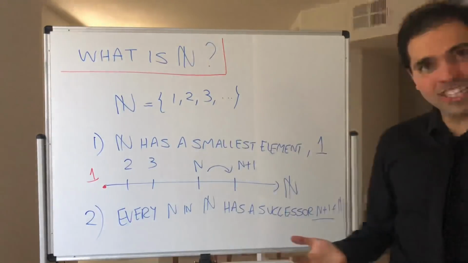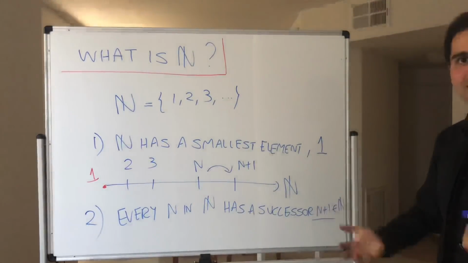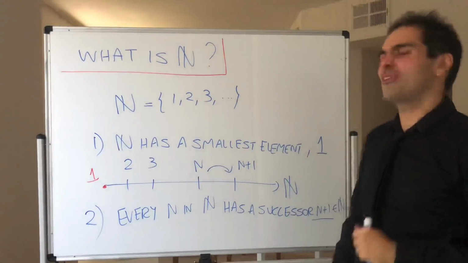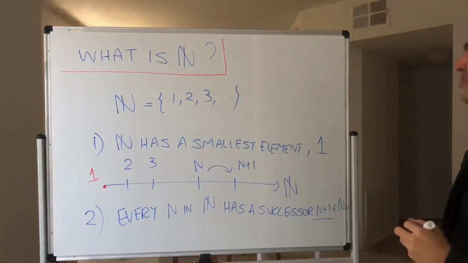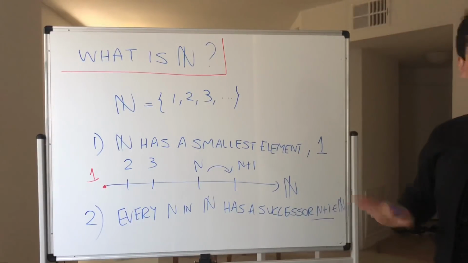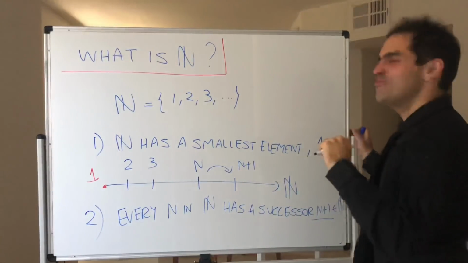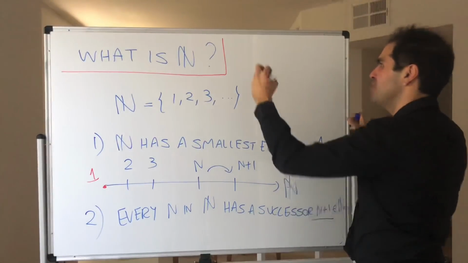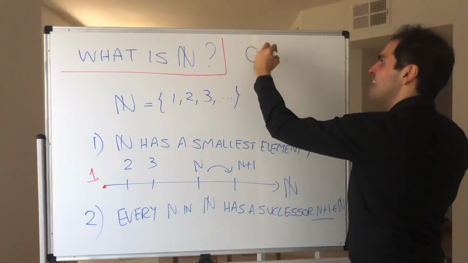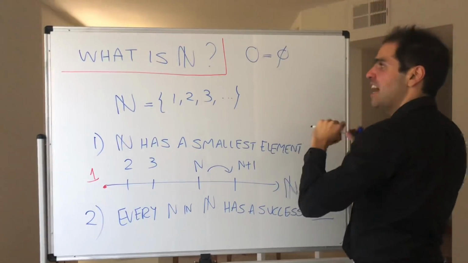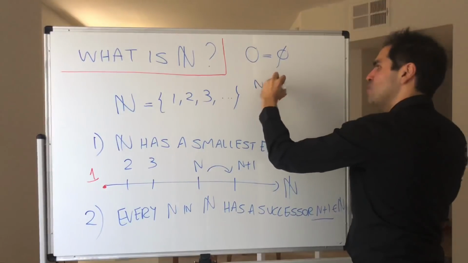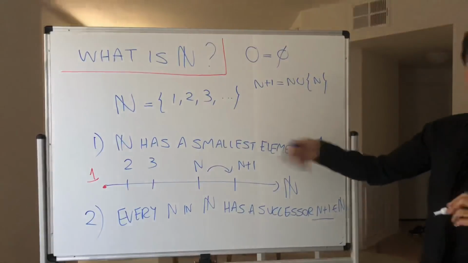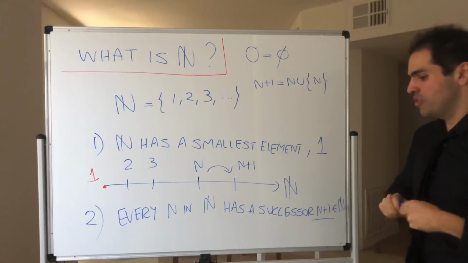You can define them explicitly, and if you're a student in my class, there's an amazing homework problem where you construct the natural numbers. Let me briefly mention how: you define 0 as the empty set, and given a natural number n, you define n plus 1 as n union the set containing n. That way you can define the natural numbers.